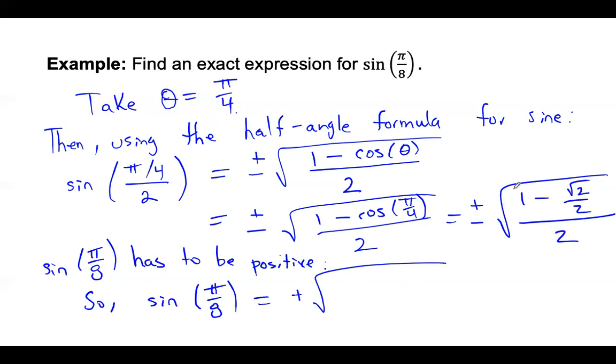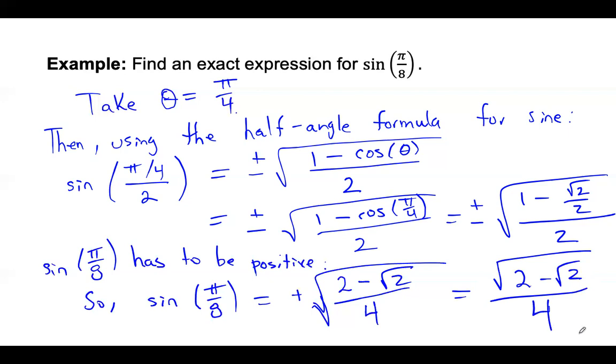We can multiply the top and the bottom by 2. So this would be 2 minus square root of 2 divided by 4. And then because this is the square root, we could take the separate square roots. So this is just going to be equal to the square root of 2 minus square root of 2 divided by 2.